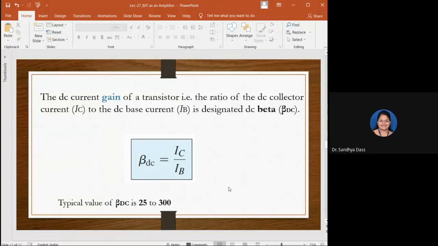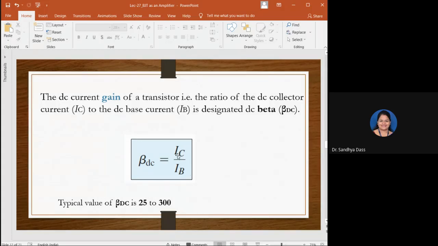Next is another current gain, which is the ratio of collector current to base current. It is termed as beta or beta DC. Beta is defined as the base to collector current gain. So it is the ratio of collector current to base current.